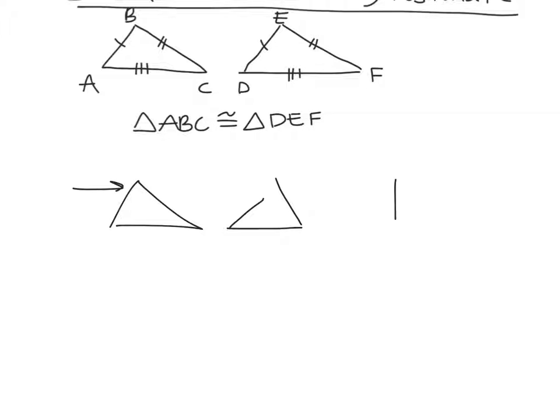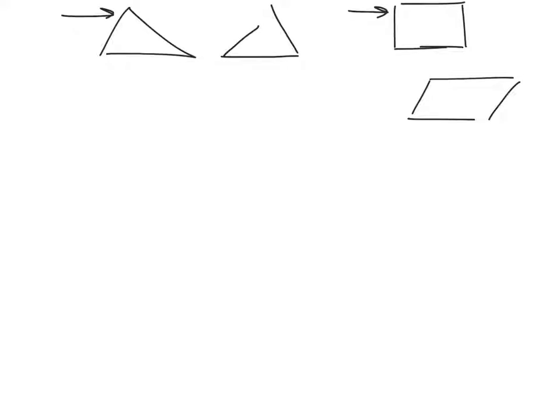Like a rectangle is not considered a rigid figure. If I push on the top of the rectangle, I can make a parallelogram out of it, right? But a triangle is a rigid figure. You can't just shove a little bit and make some new triangle. So that's why side, side, side works out, because the 3 lengths have to make the same triangle every single time, okay? So we're going to do a proof using SSS.